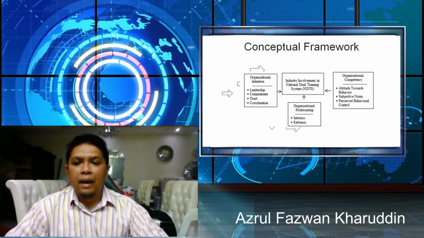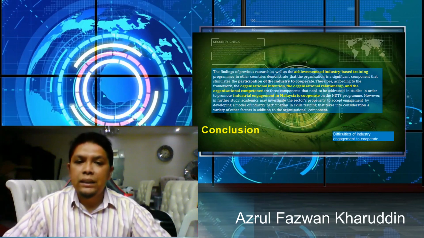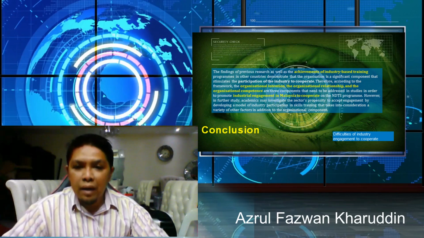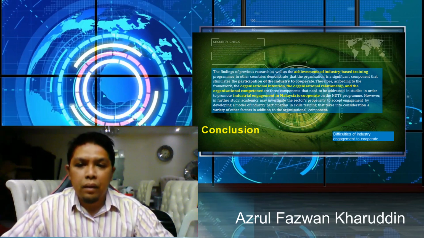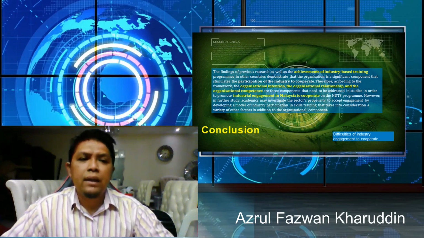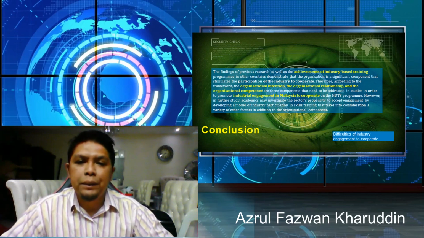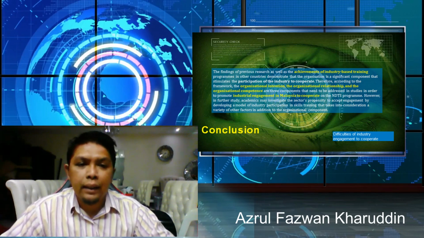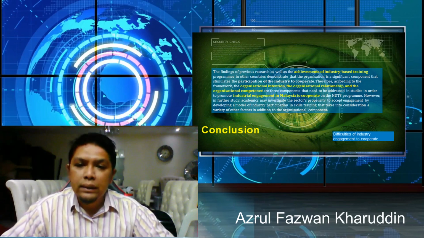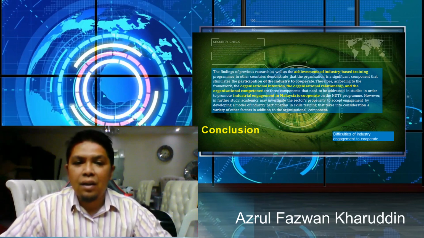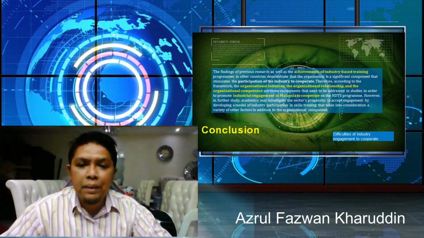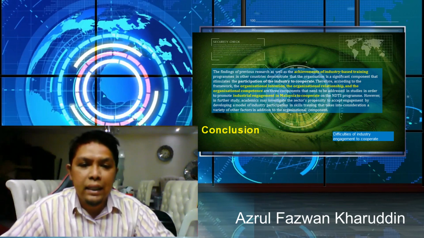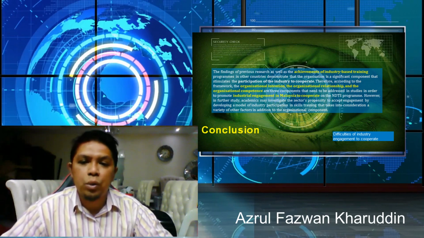As a conclusion, the achievement of industry-based training programs is a significant component that stimulates industry participation to cooperate. According to the framework, organization intention, relationship, and competence are three components that need to be addressed in order to promote industrial engagement in Malaysia.